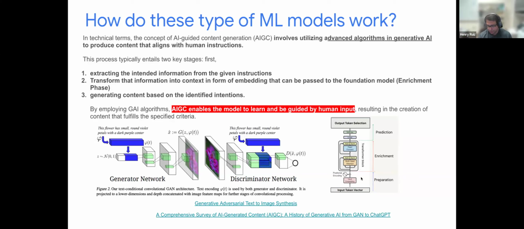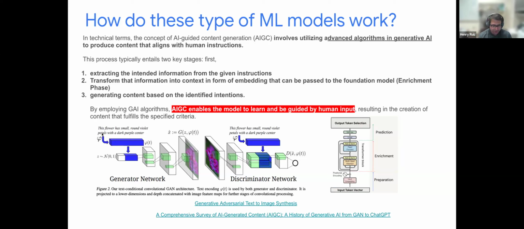But at the end, what actually happens in the enrichment phase is that the text is passed as context to the model. So the model internally treats that as information it can use to generate, augment, or enrich the output that it is planning to generate.